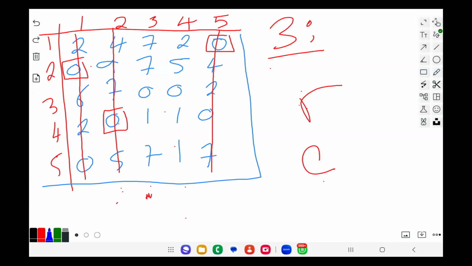You get the point. If there is only one, it's the same instructions. Put a square on it, but now don't draw the line vertical. You draw it horizontal like this. That is what you do when you're doing column reduction. So when you're doing row scanning, we cancel the vertical.